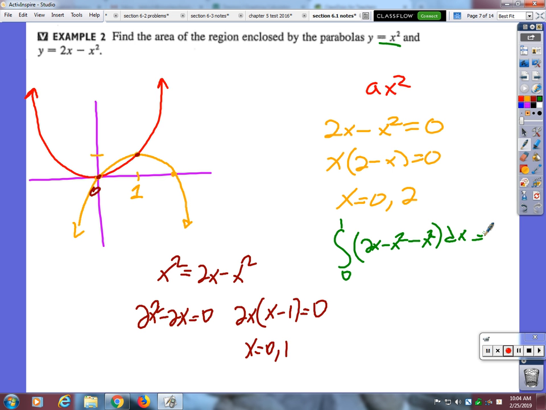So if you do this and you get a negative answer, assuming that you did everything else correctly, which is a risky proposition, you would just make it positive. So if you're not sure, Maggie, which one's on top, you can just guess. And if you get a negative answer, then make it positive. It's a little bit of a risky proposition because you might have gotten a negative answer because you did something else wrong.